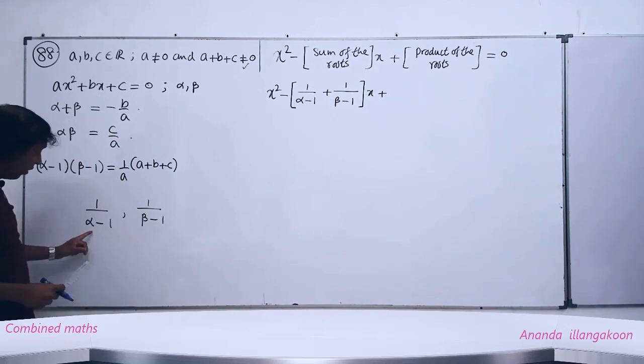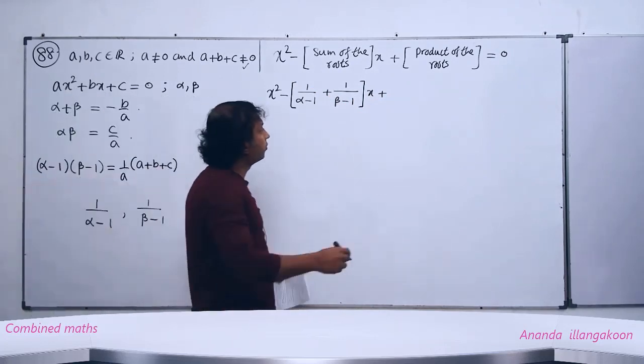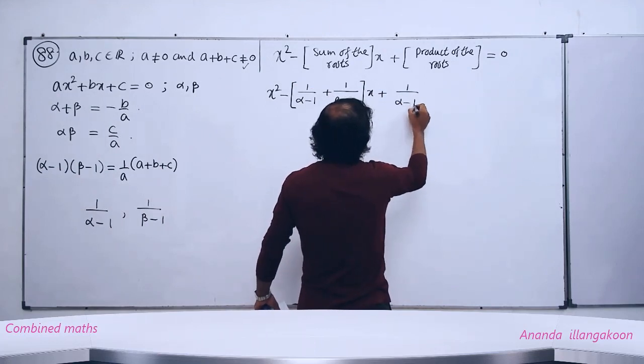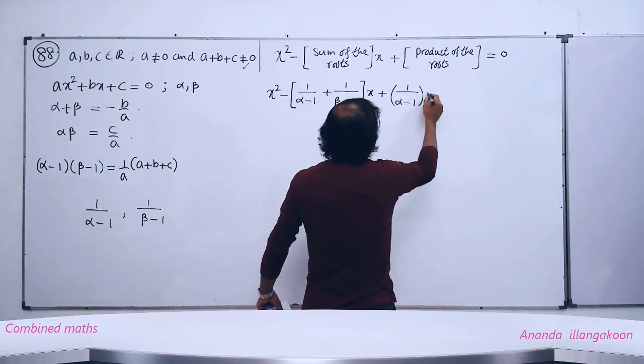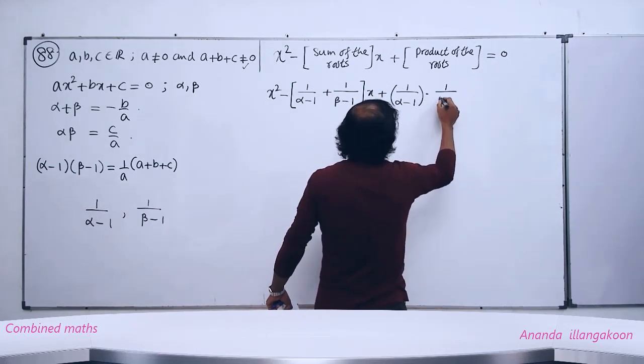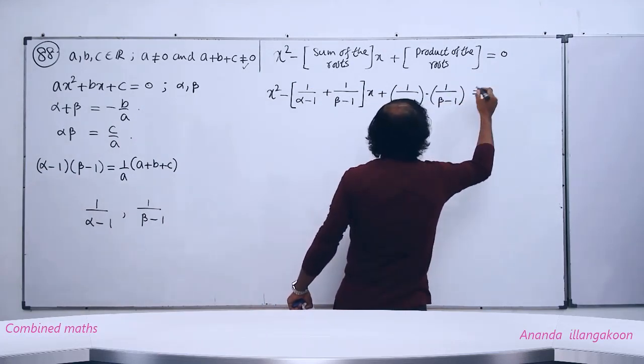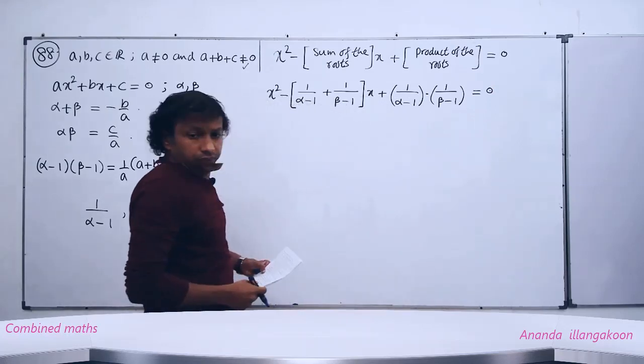Multiply these two: 1 upon (alpha minus 1) times 1 upon (beta minus 1), is equal to 0.